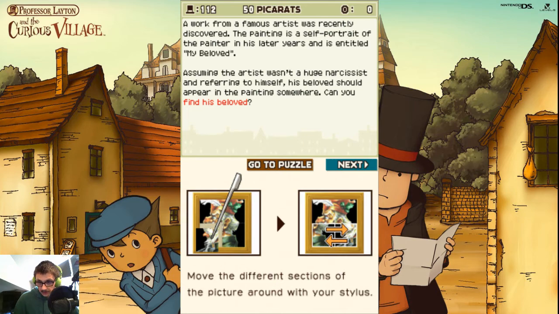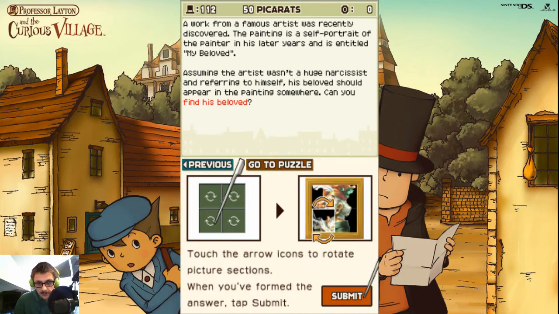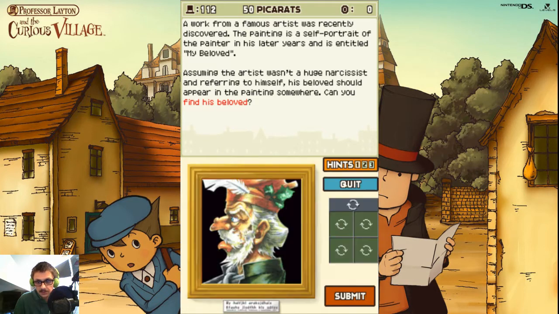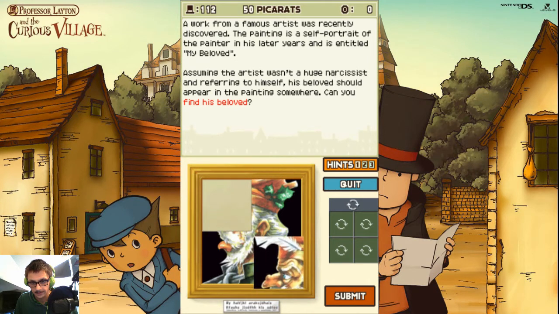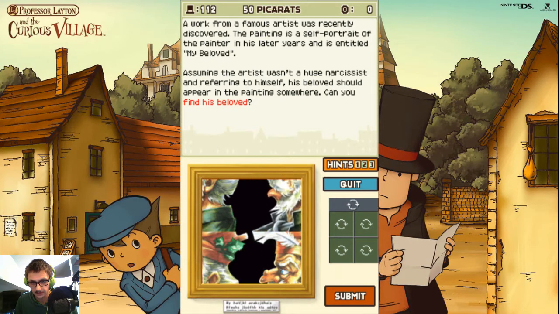Move the different sections of the picture around. Okay. Touch the arrow icons to rotate picture sections. When you've formed the answer, tap submit. Oh, it's upside down. So that would move there, and that would move there.